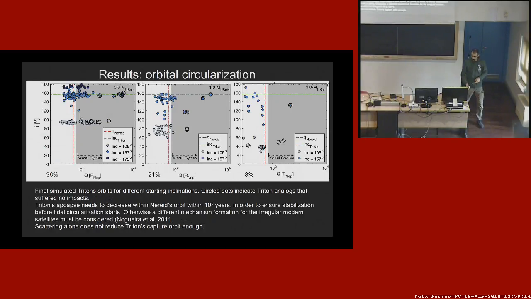But because of this effect, these are the percentages of Triton analogs that survive circularization, do not experience disruptive impacts, and allow for the survival of Nereid. And as you can see, this percentage goes down from 81 to 36%, while the other goes down from 36 to just 21%. So it's a much stronger effect here than here.